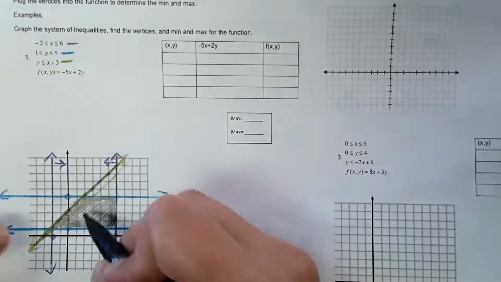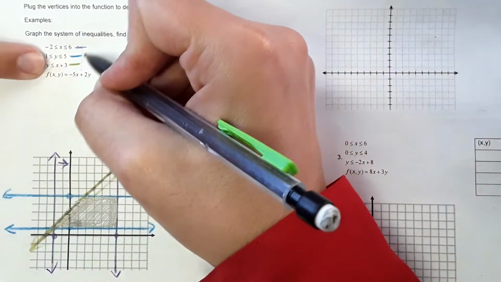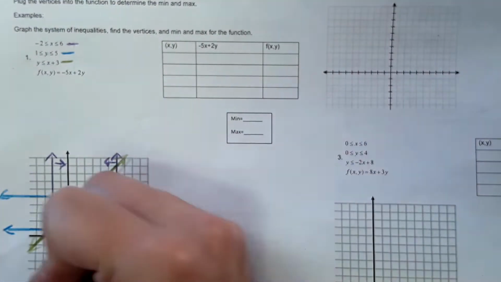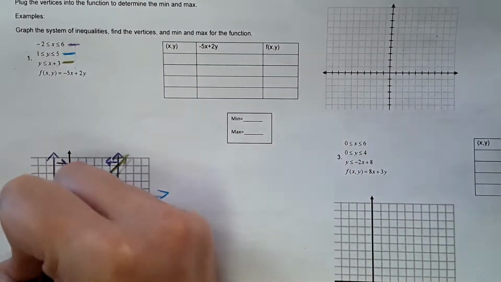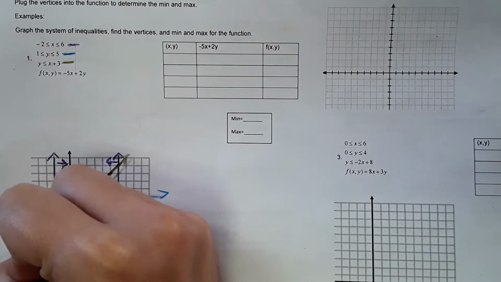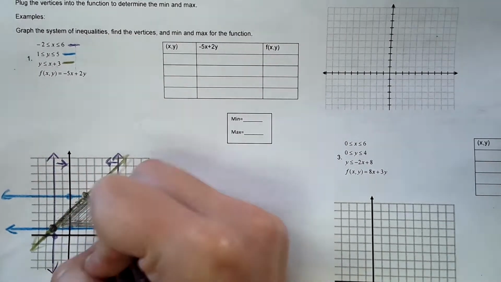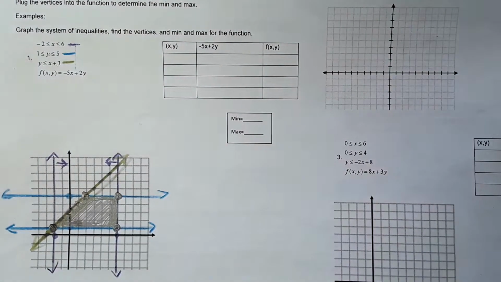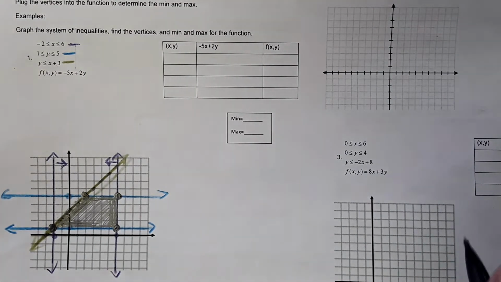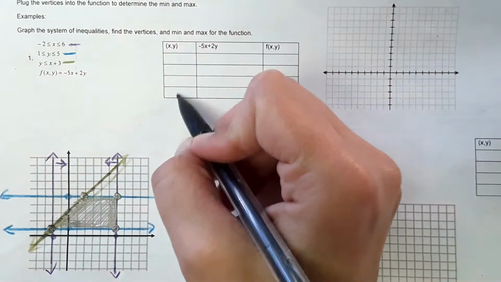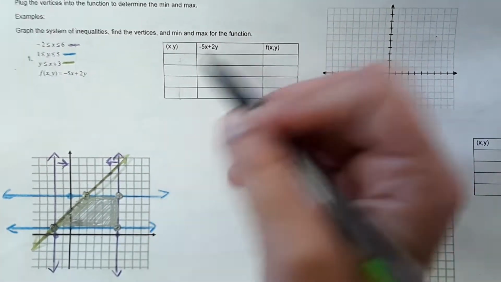Okay, now once we have this box from these three equations, what we're going to do is identify the corners of this shape. And these corners, we're going to put the coordinates up here in this chart.